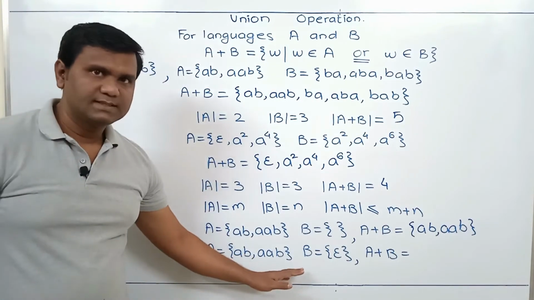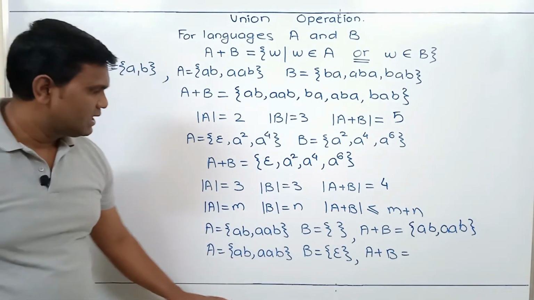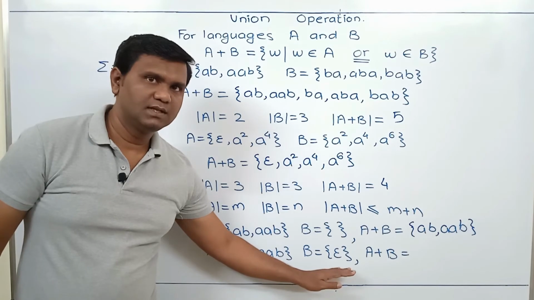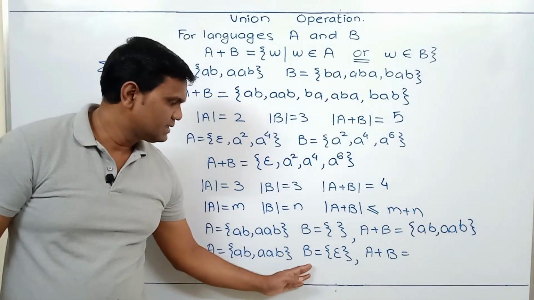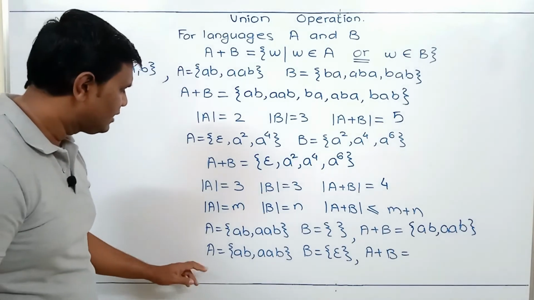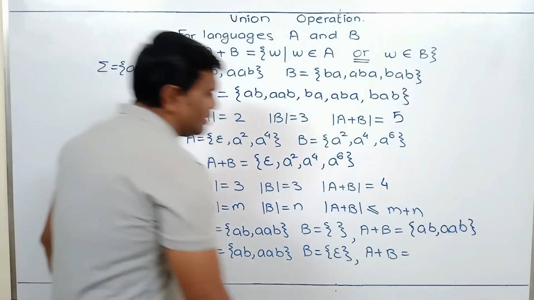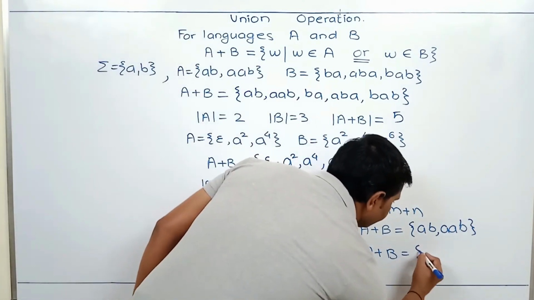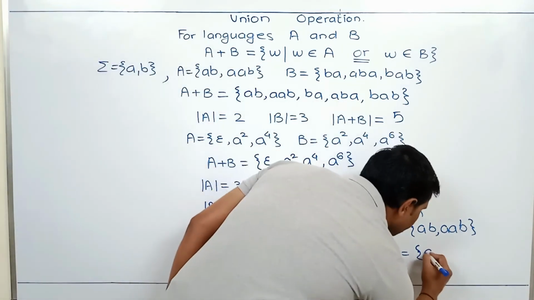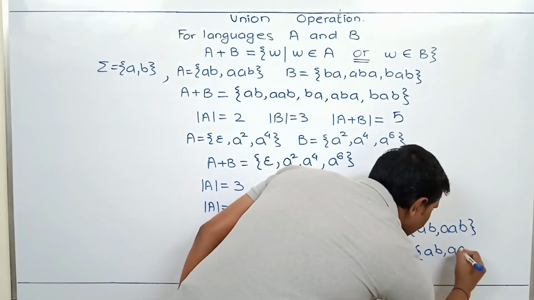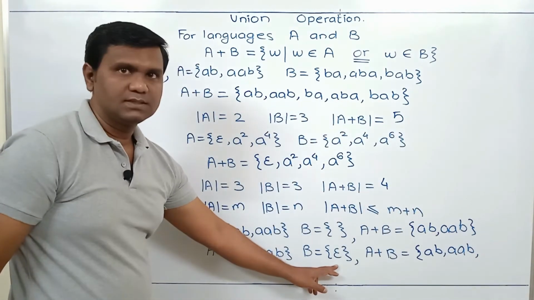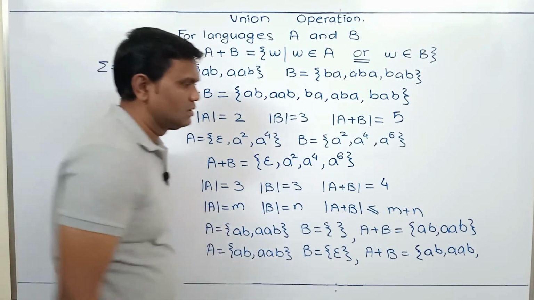Now this is the next example. This is language A, and language B contains only one string, which is the null string. In this case language B is not the empty set. When we calculate A + B, from A we get AB and AAB, and from B we have to take the null string epsilon.